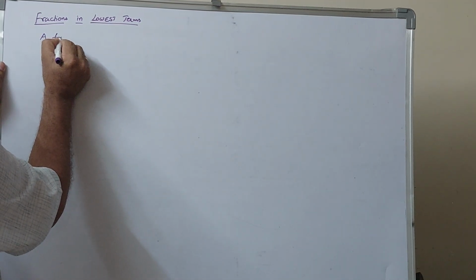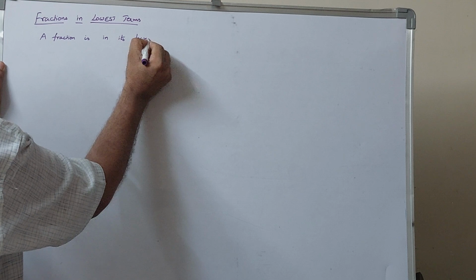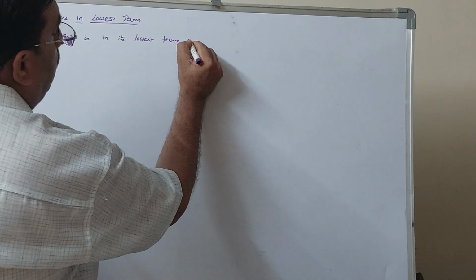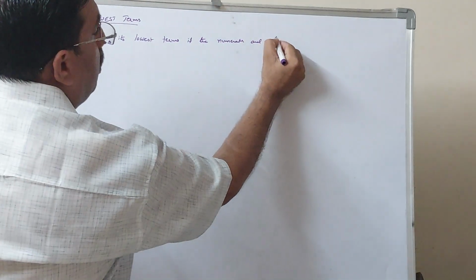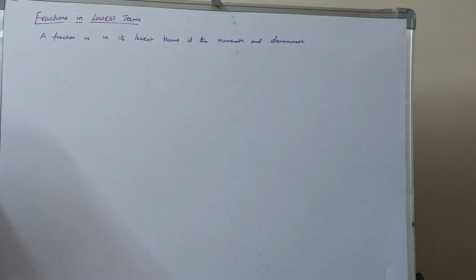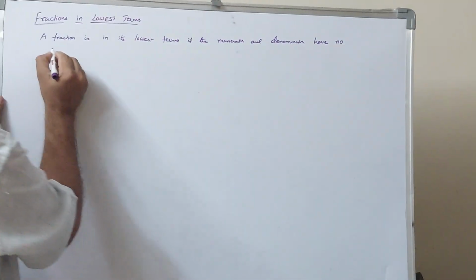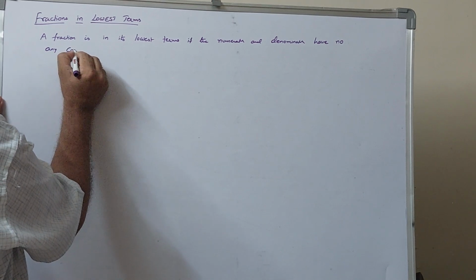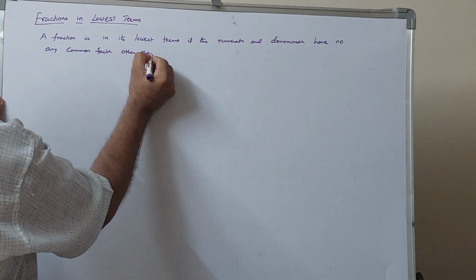A fraction is in its lowest terms if the numerator and denominator have no common factor other than 1.